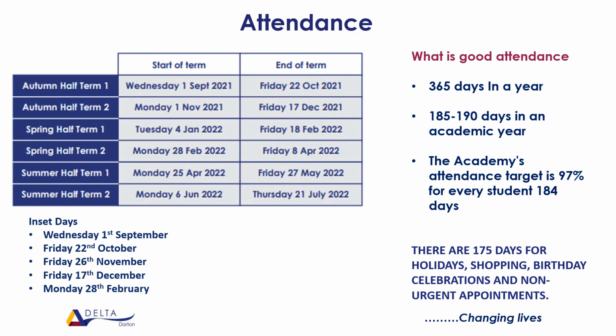That is 185 days in a year that they must be here. That does leave 175 other days for holidays, shopping, birthday celebrations and any other non-urgent appointments. And what we do ask is if students do have to have an appointment, that you try and organise this outside of school hours so they don't miss any learning.